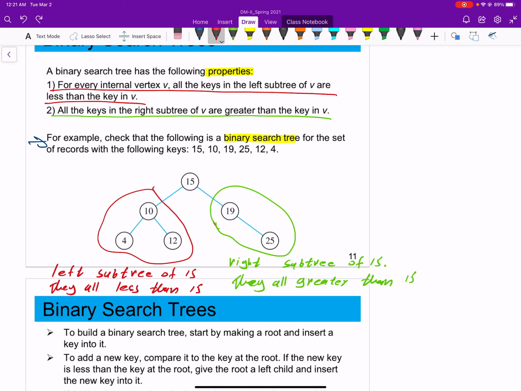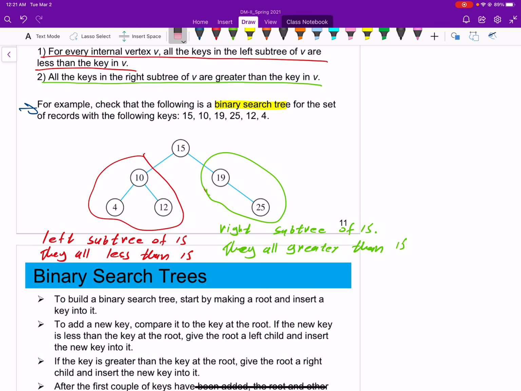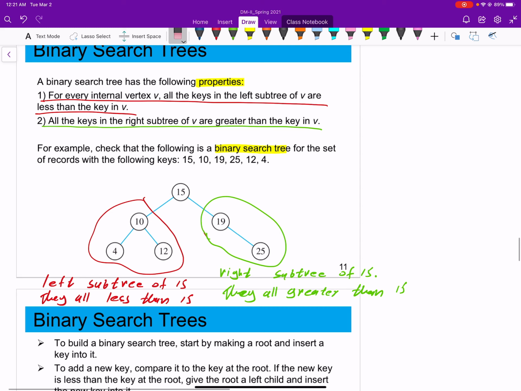All right, then take this subtree of 10, which is smaller than 10. That's why it is on the left side. And then take this subtree, which is greater than 10. That's why it is on the right-hand side. All right, so we checked everything. So this is a binary search tree. You have to consider these two properties and check them.